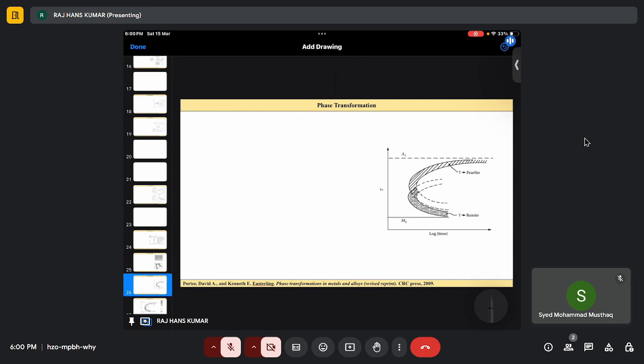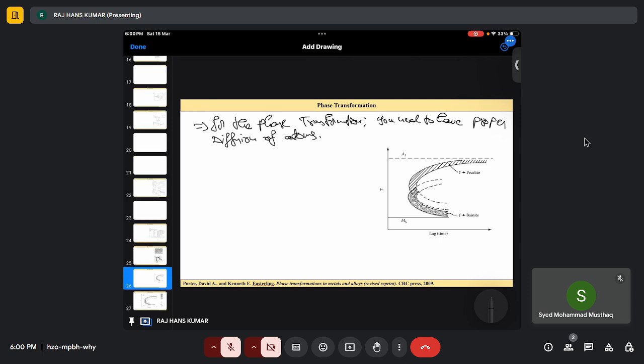As I have mentioned before, for the phase transformation you need to have proper diffusion of atoms. And what do I mean? Proper diffusion means that at first there is proper diffusion of atoms.